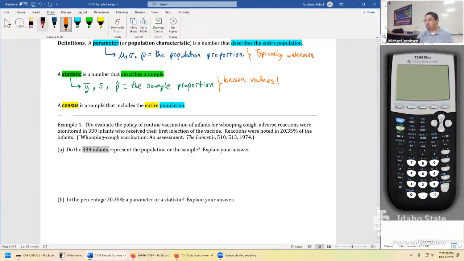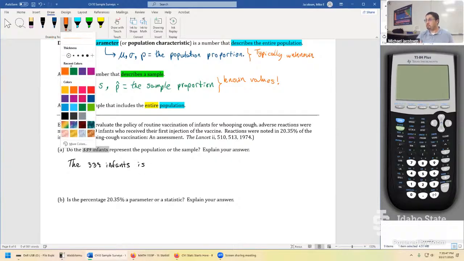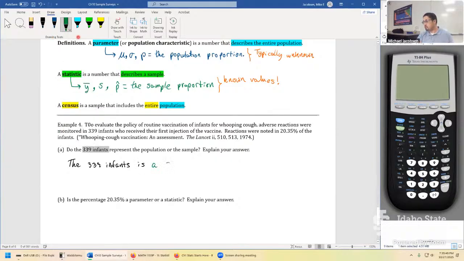So we can say here, the 339 infants is a sample because the population is larger than 339 in this problem.